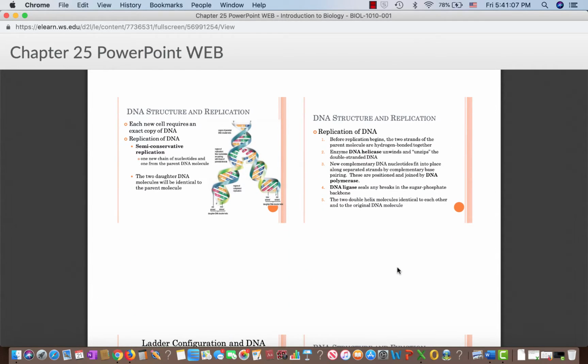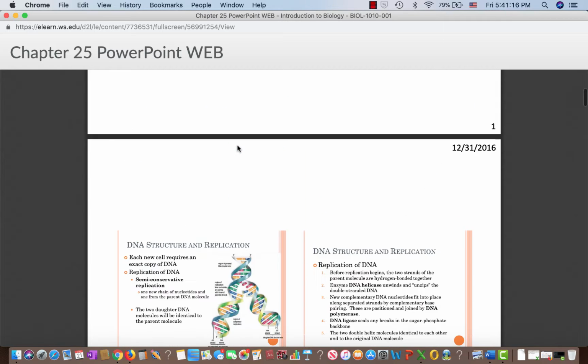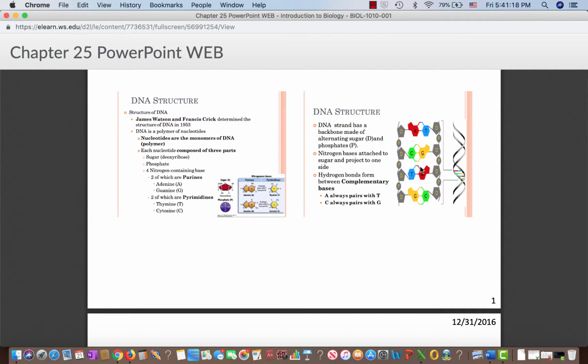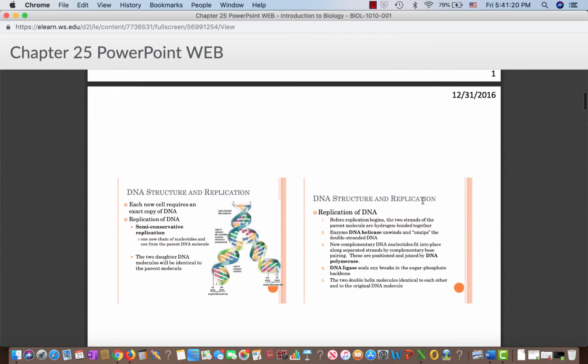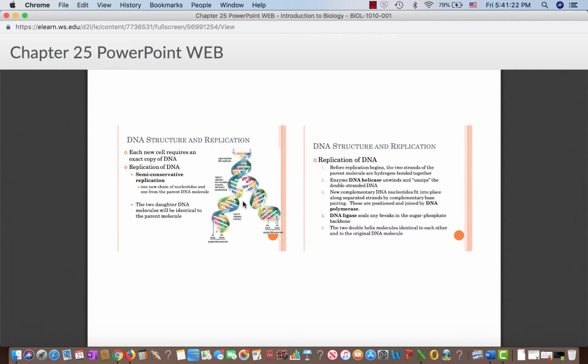When you replicate DNA, you have to unzip the two strands of your helix so that you can get in to the middle of it to access the base pairs to replicate them. And this is a semi-conservative process, meaning that the two resulting daughter strands are each half new DNA and half old DNA.